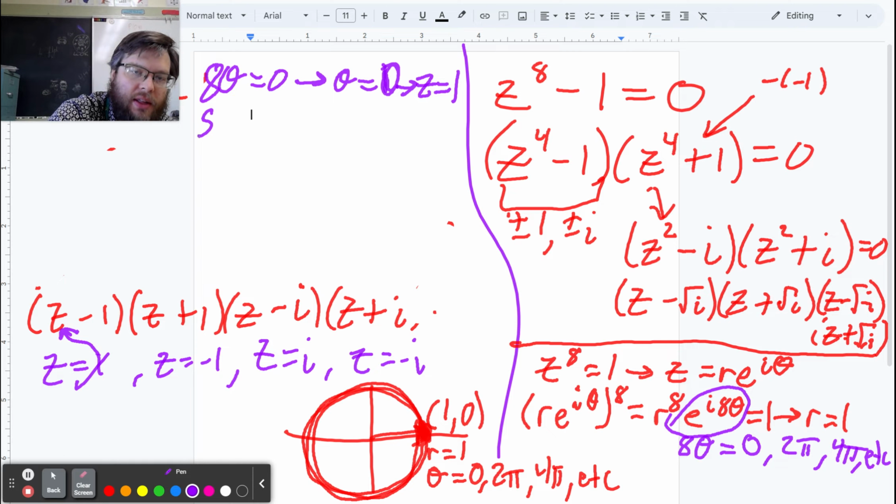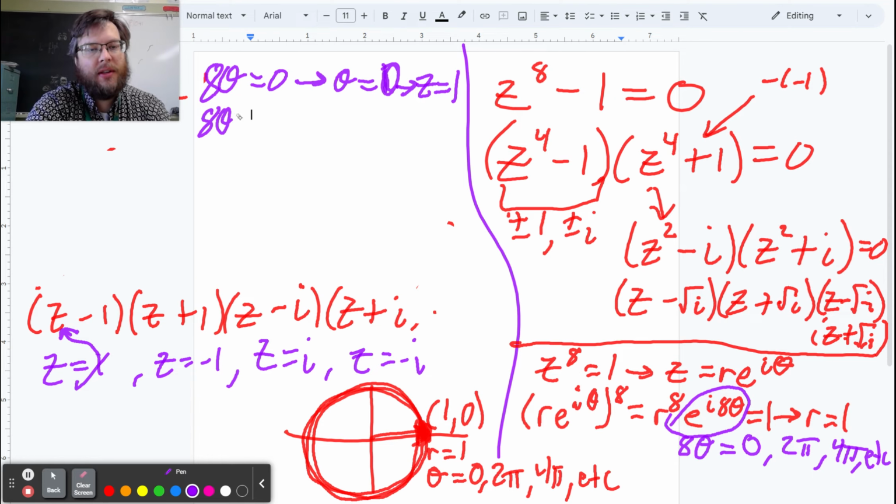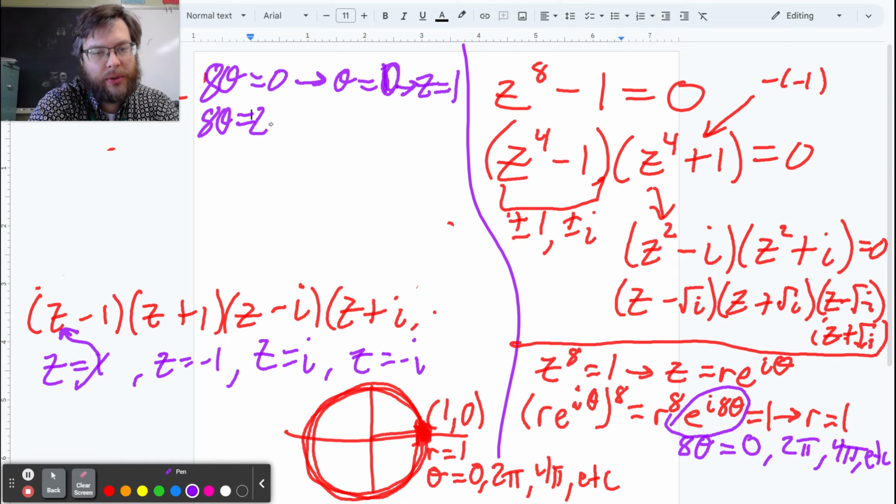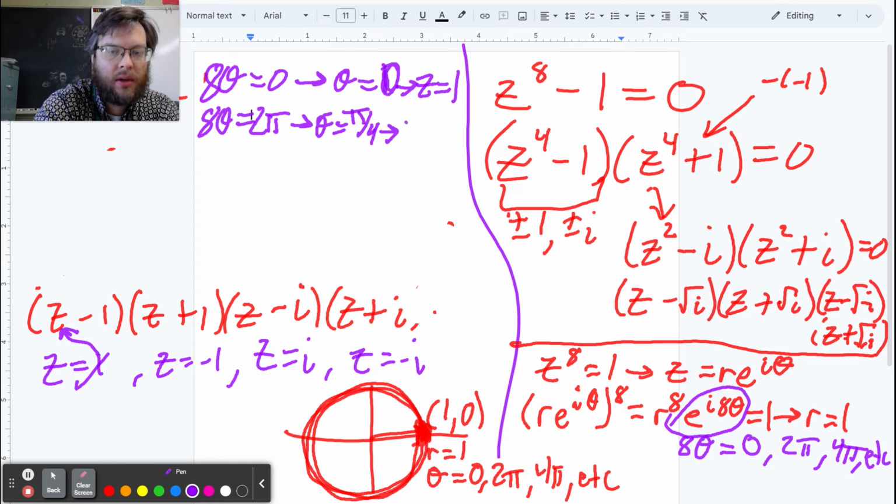If I make 8 theta equal the next value, which was 2 pi, divide by 8, so theta is pi over 4. At pi over 4, you have square root of 2 over 2 and square root of 2 over 2 i.